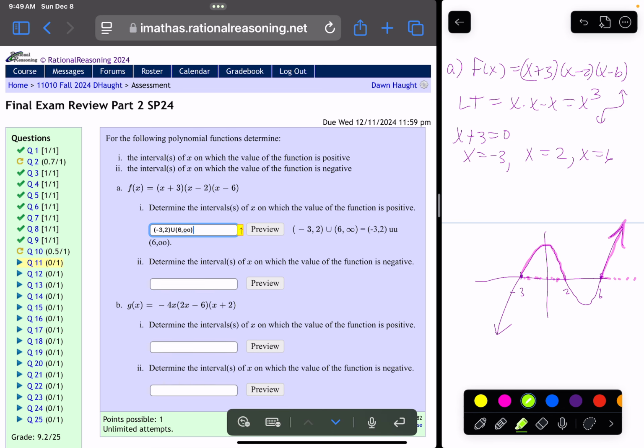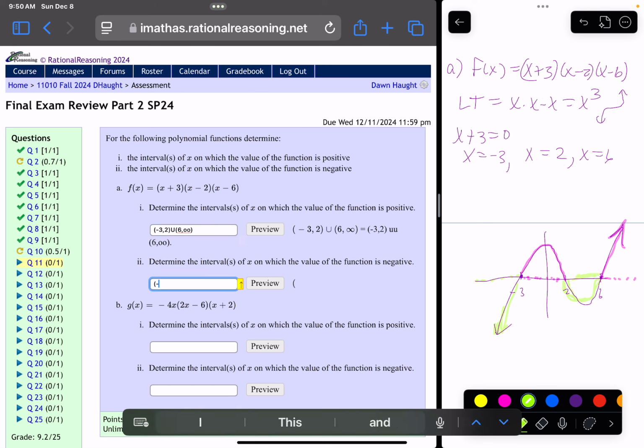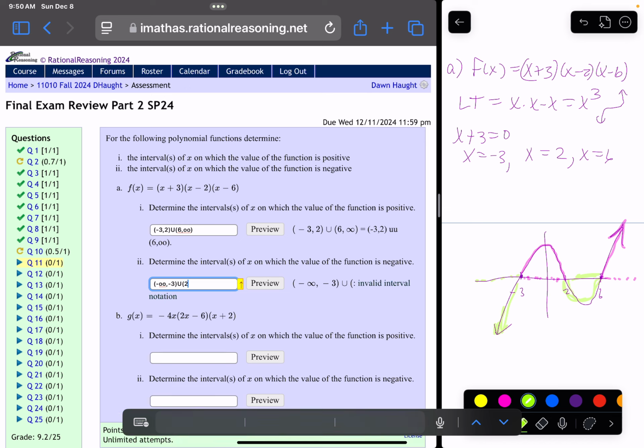Now I'm going to highlight in this green color where my graph is negative. So that would be the x values from -infinity to -3, union from 2 to 6.